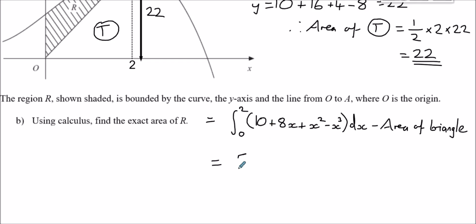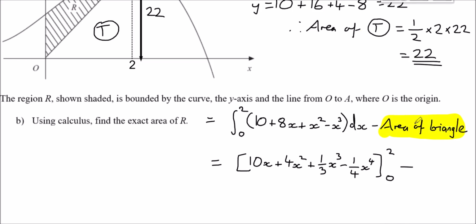So integrate this: 10 becomes 10x, minus 8x becomes minus 4x squared, x squared becomes a third x cubed, and x cubed integrated becomes minus a quarter x to the power 4, in between the limits of 2 and 0, minus the area of a triangle, which of course was 22.